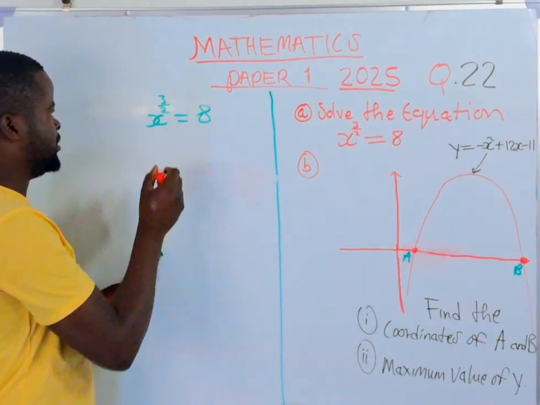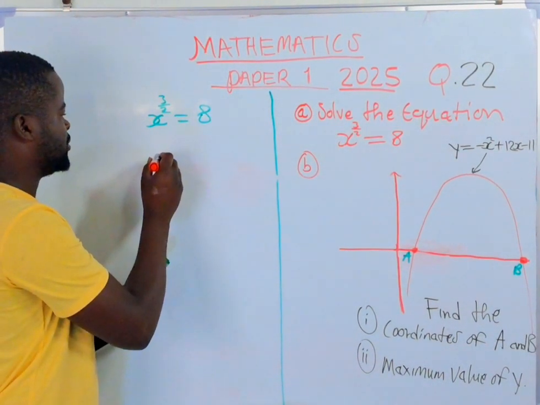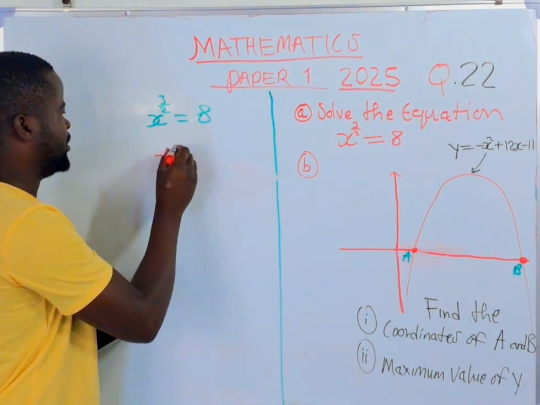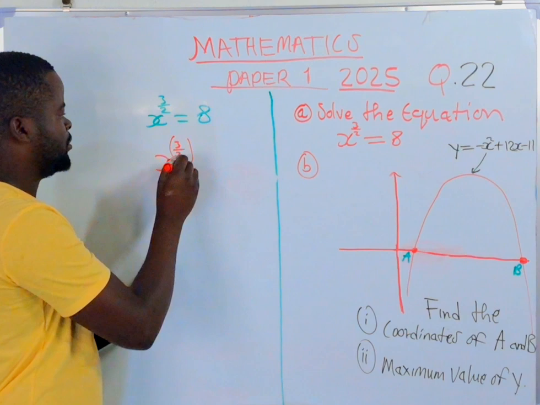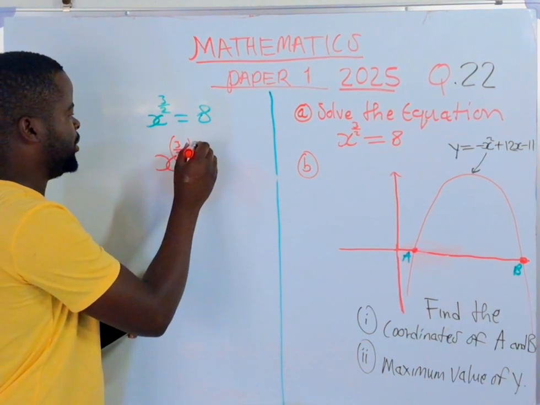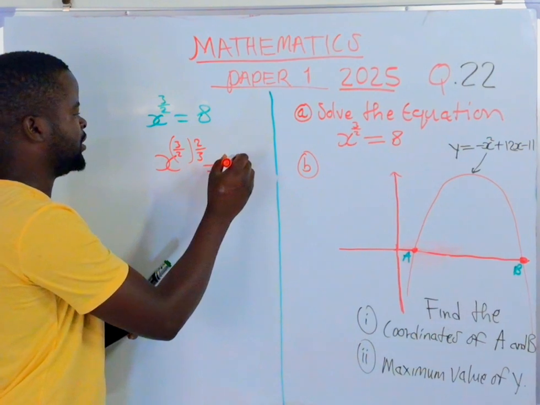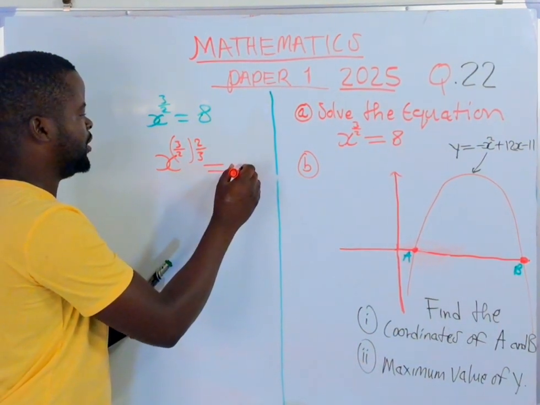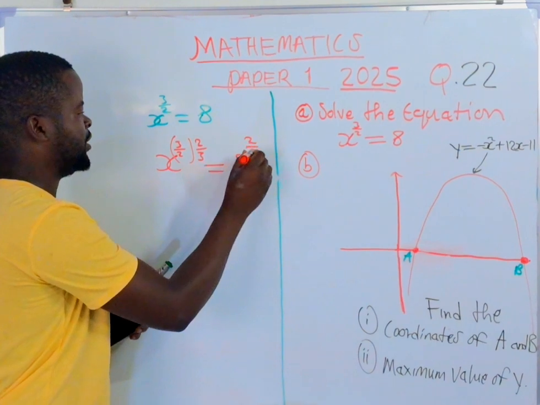We are going to introduce a power of 2 over 3 on both sides. So this is the same as (x to the power 3 over 2) to the power 2 over 3 is equal to 8 to the power 2 over 3.